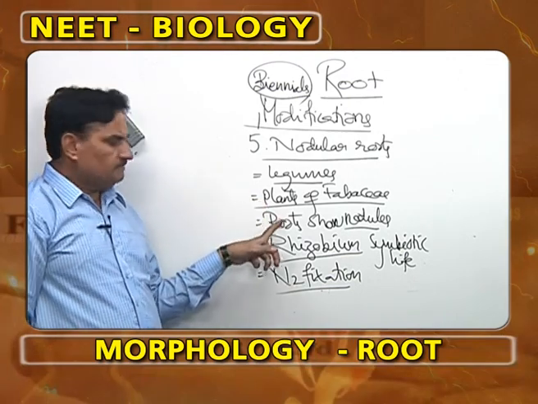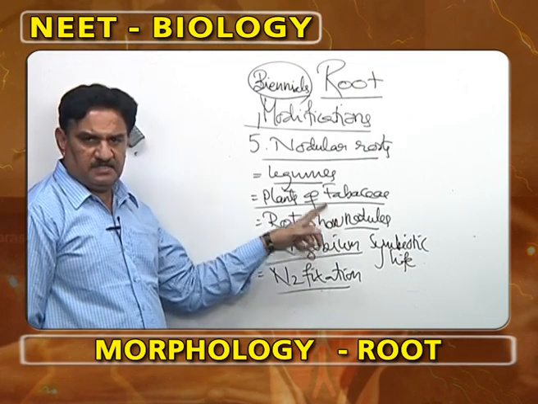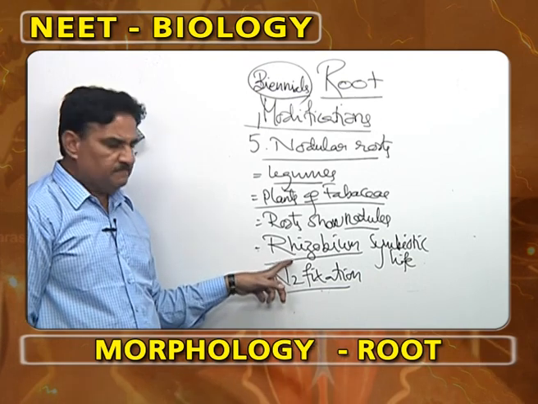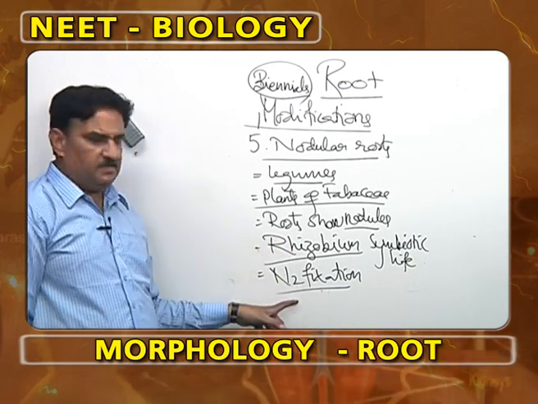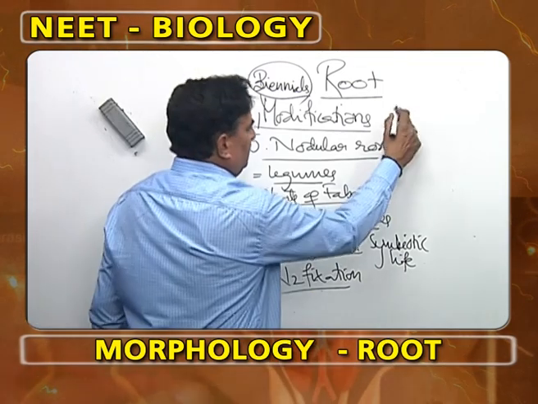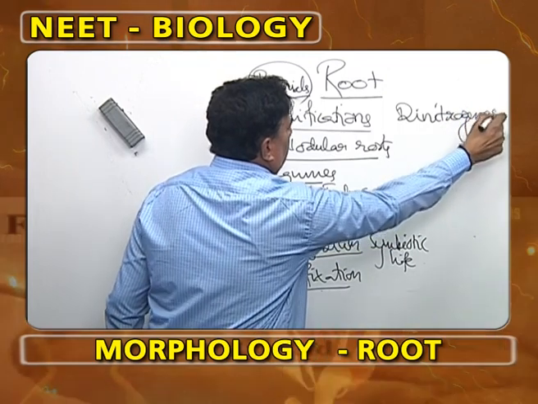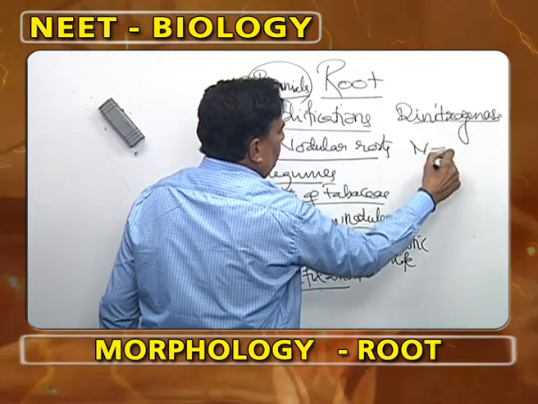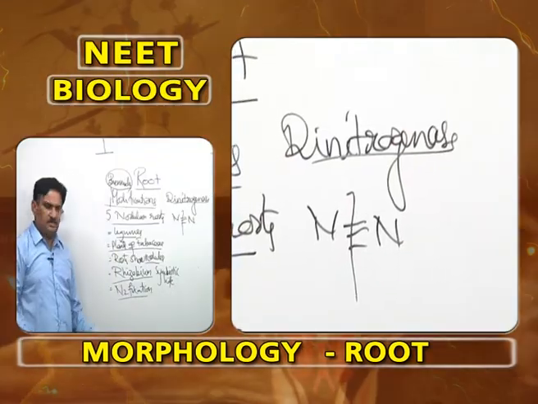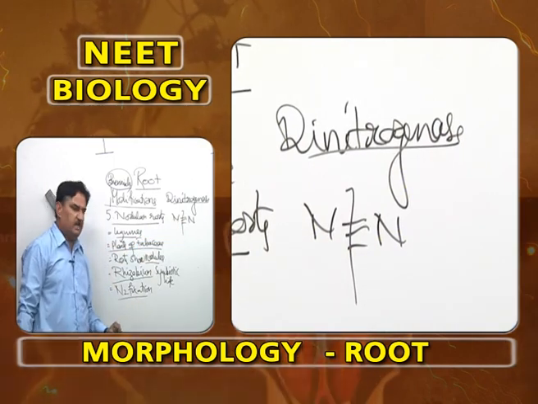Why? Because the plant will show special taproots, taproots will show nodules, nodules will show symbiosis with a special bacterium called Rhizobium, and Rhizobium helps in nitrogen fixation. Why does Rhizobium help in nitrogen fixation? Because Rhizobium contains a special enzyme called dinitrogenase which can break the triple bond between dinitrogen.